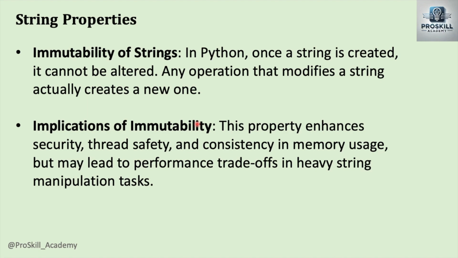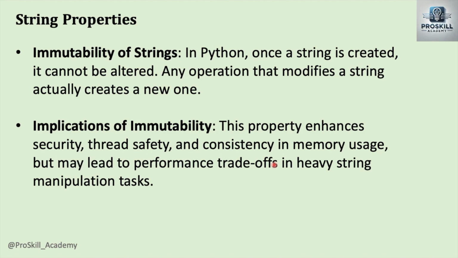It improves security and reliability, especially in contexts where strings are used as keys in dictionaries or passed around in functions. Since the value can't be changed, it prevents unintended side effects. Additionally, immutability supports thread safety, allowing multiple parts of a program to safely use the same string without worrying about one thread altering its contents.